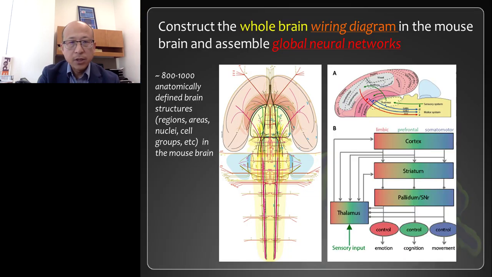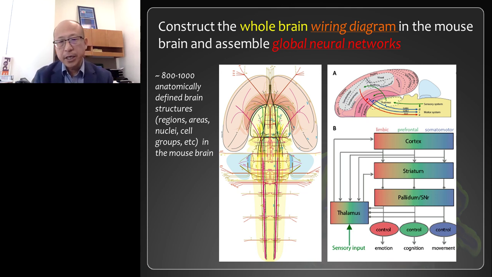The challenging part for us is that the mammalian brain has about 800 to 1,000 well-defined brain structures. How can we systematically, structure by structure, map their neural circuitries and then put them together as neural networks?